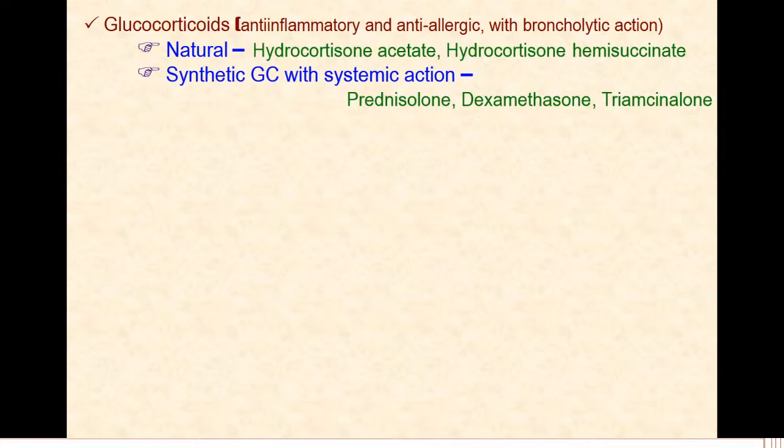That is why they cause an increase of glucose level, so-called glucocorticoid steroidal diabetes. The increase of glucose level and glucosuria.